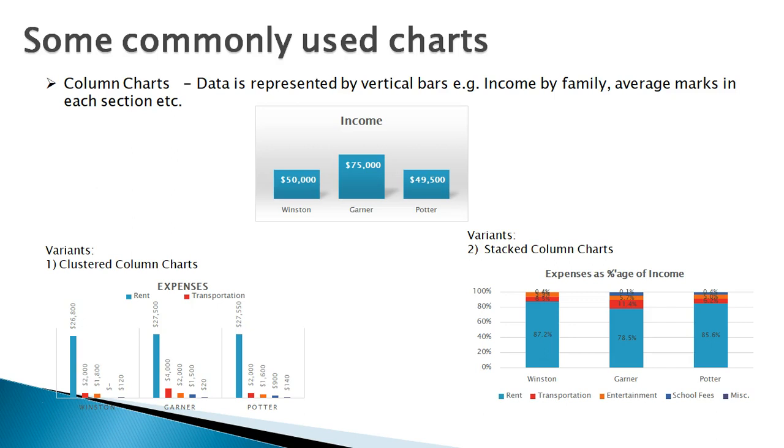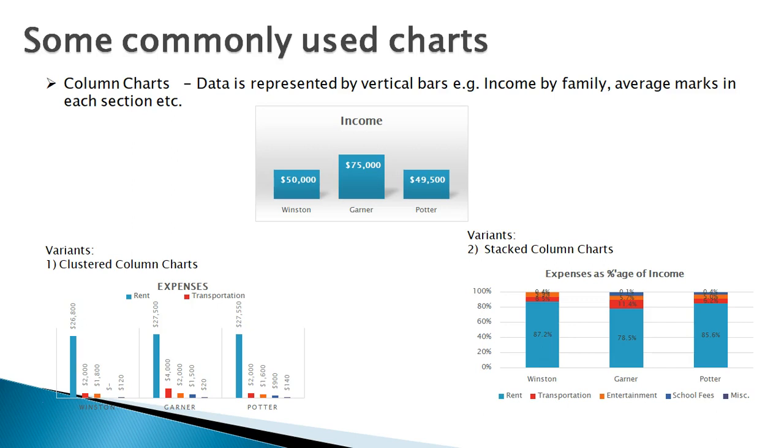As we discussed in the earlier videos, visualization is not a new concept. These concepts emerged very long ago. If you see, pie charts were introduced in the 1700s itself. So these are the commonly used charts, that is, column charts. A column chart is nothing but a vertical bar chart.